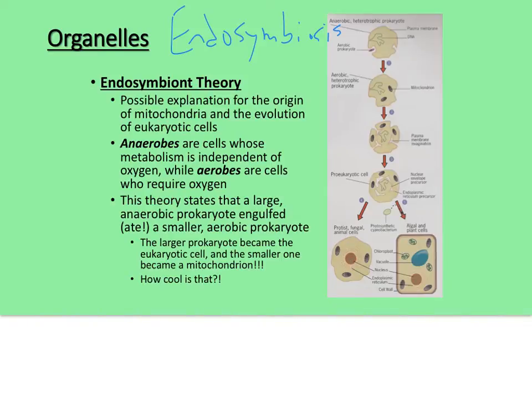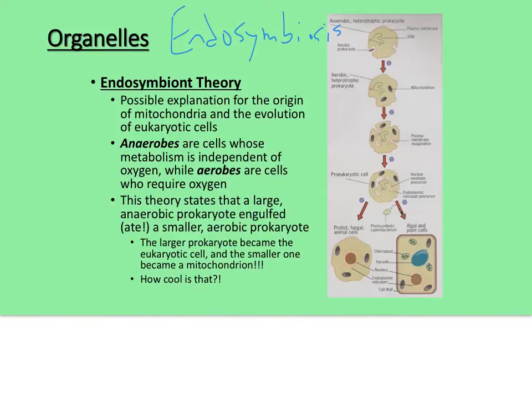What some scientists suggest is that an anaerobic cell, a cell that does not require oxygen, at one point engulfed an aerobic cell, a cell that did require oxygen. Now, the theory tells us that the larger anaerobic cell, which was prokaryotic, became the larger cell, and the smaller prokaryote that got engulfed became the mitochondrion.